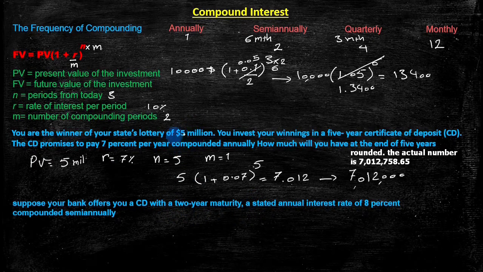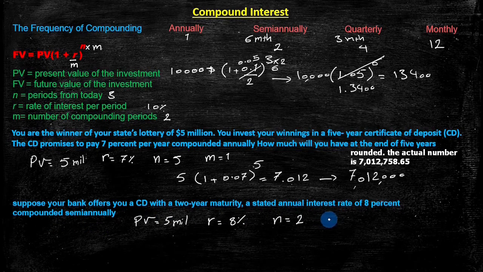All right, so we want to use, let's say, the same present value. Let's say we want to know about this 5 million. And all right, so our PV, we assume that's 5 million. Stated annual interest rates, our R is 8%, and 2-year maturity, so after 2 years, N is 2.